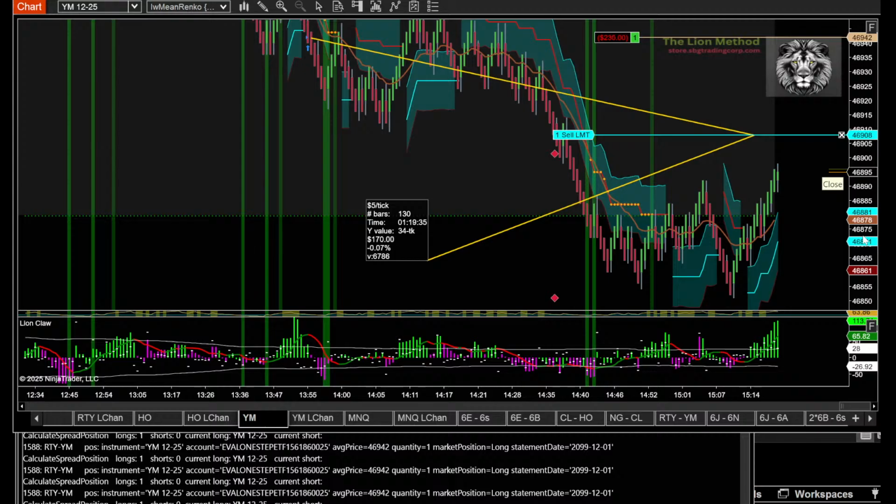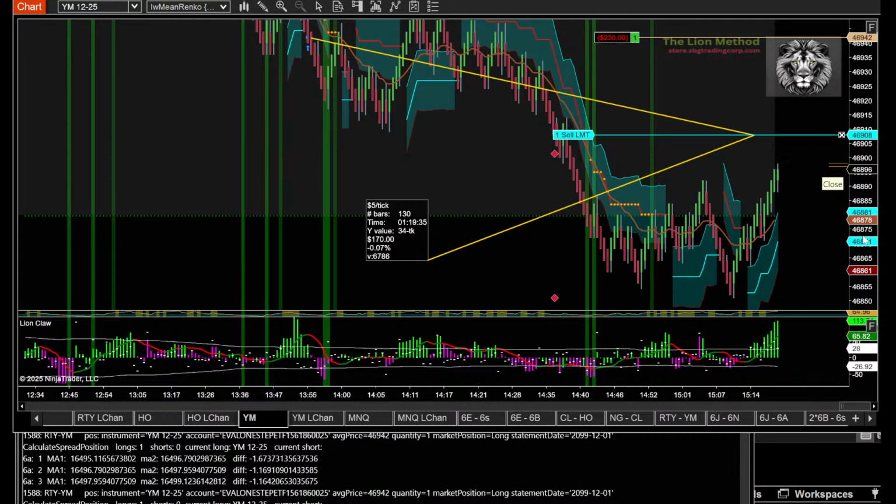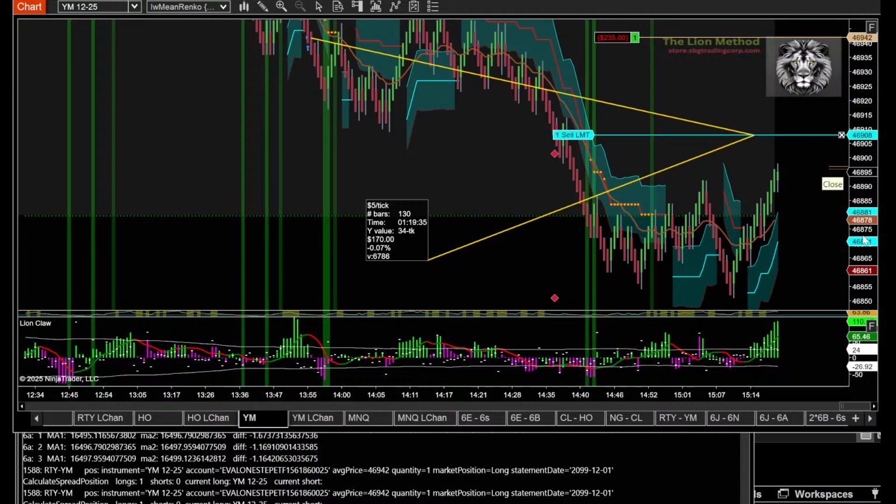We're up to 230 to the whole. I think we're going to hit that target. Yeah, it'll be a loss on the YM, but this is nothing compared to the gain on our Russell trade.